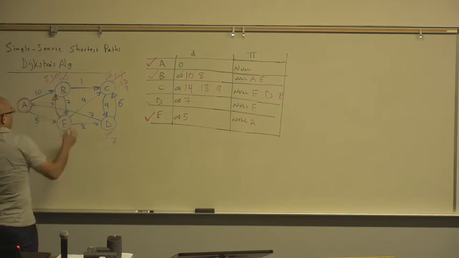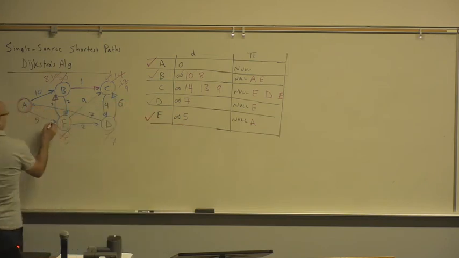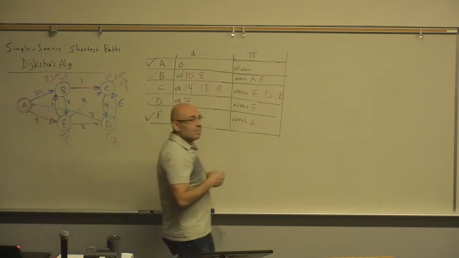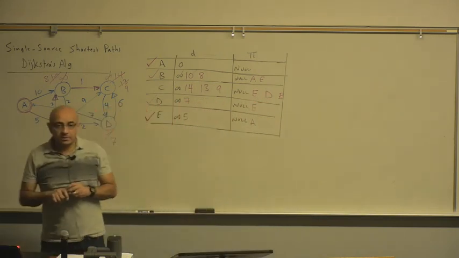And what's the parent of E? The parent of E is A. So this is the path. So you find the actual path by tracing the parents back. Okay? Any questions?